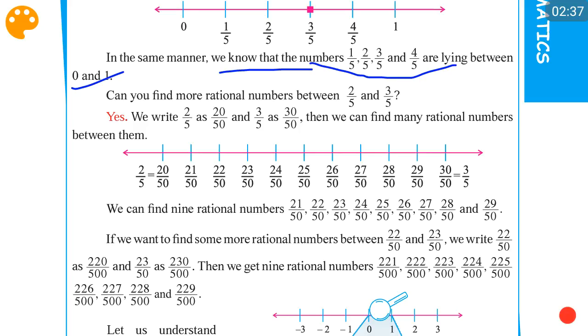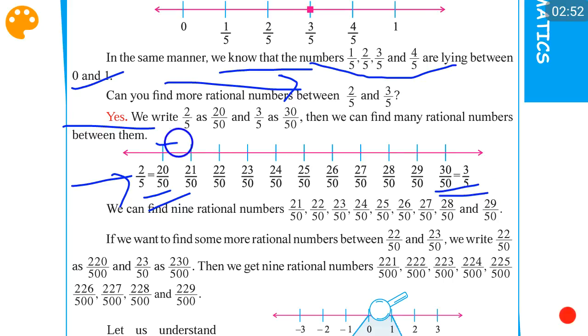Can you find more rational numbers between 2 by 5 and 3 by 5? Yes, we can do that. We can write 2 by 5 as 20 by 50 and 3 by 5 as 30 by 50, and then we will have 21 by 50, 22 by 50 and 23, 24, 25, 26, 27, 28, 29 by 50. All these numbers are lying between.